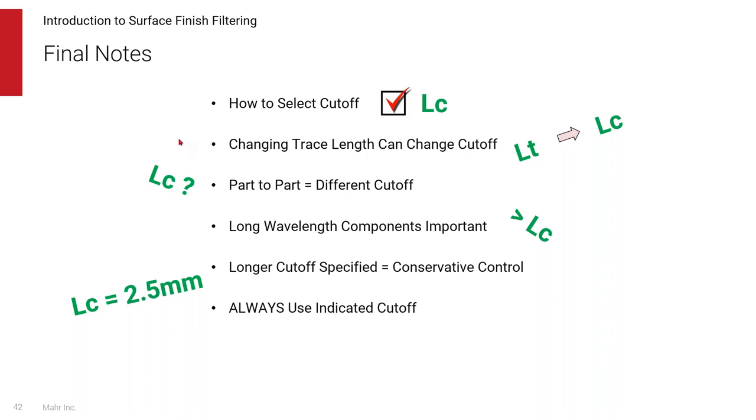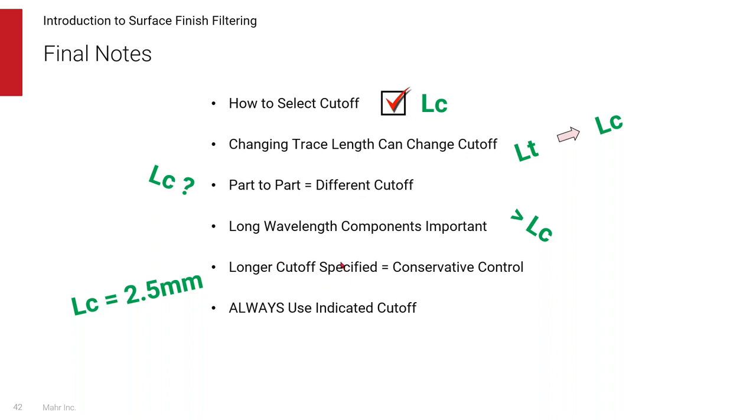We've seen how changing the tracing length can affect the results. We talked a little bit about part-to-part measurements and how that can get different cutoffs, with the whole idea being to have a standard which everybody uses. The long wavelength components are important, but if we're measuring roughness information, we want to filter those out.